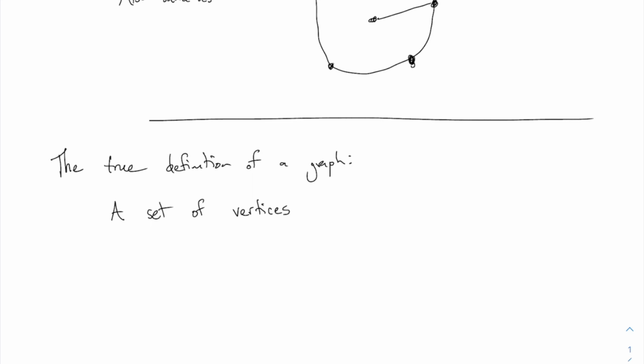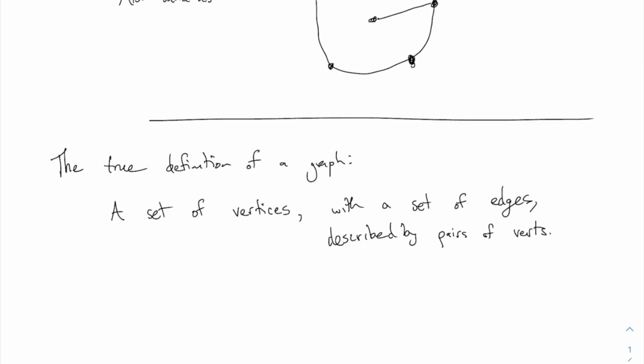Sets of numbers, sets of geometric shapes, and things like that. So the true definition of a graph is a set of vertices with a set of edges, and those edges are described by pairs of vertices.